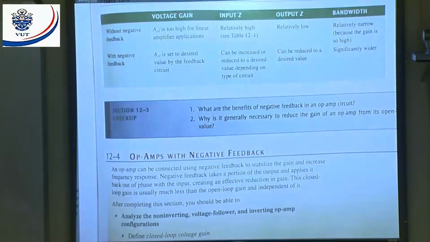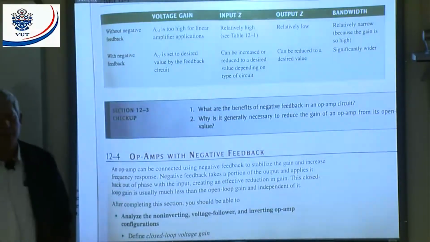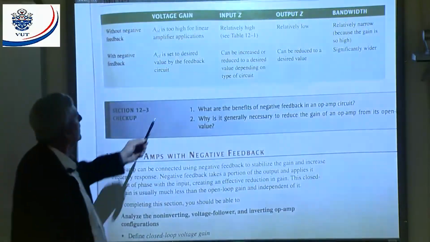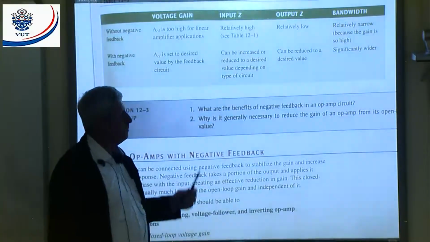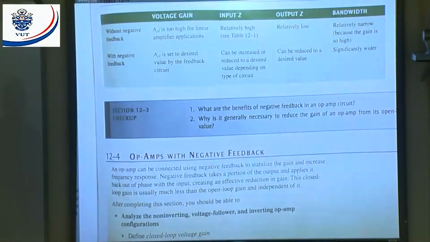The moment I apply feedback to the device, I can get a closed loop gain and bring it to a desired value. I will determine the desired value depending on the ratio of my feedback resistors. They say it can be increased or reduced to a desired value depending on the type of circuit. Normally, my input impedance is increased by a certain factor.